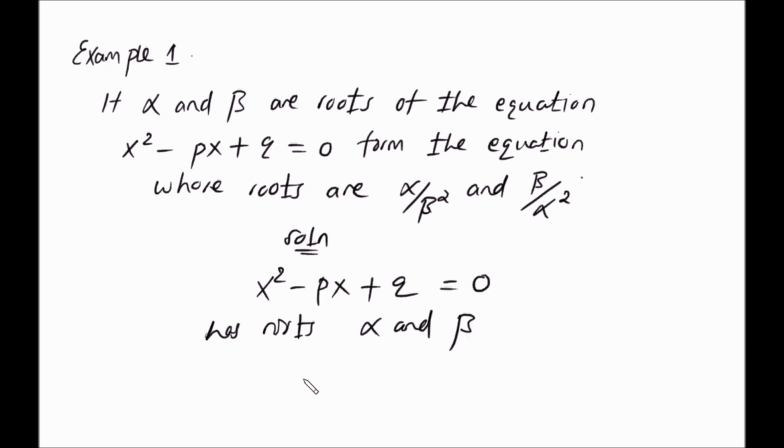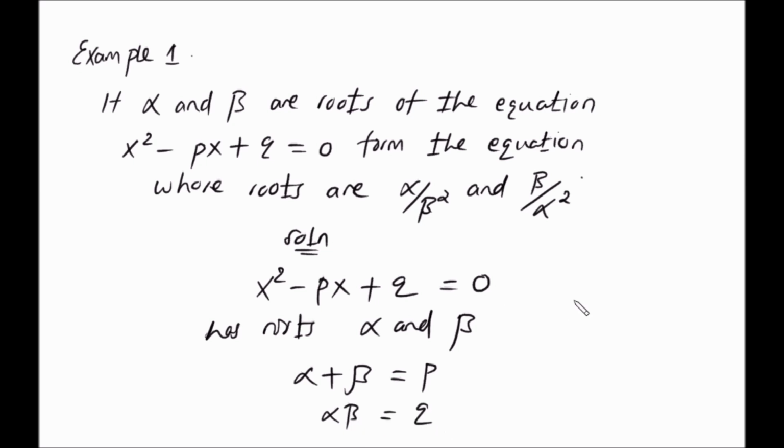So the sum of roots, alpha plus beta, is equal to p, because remember a quadratic we said is x squared minus the sum of roots times x plus the product of roots equals 0. So the sum of roots is p, and the product of roots is q.